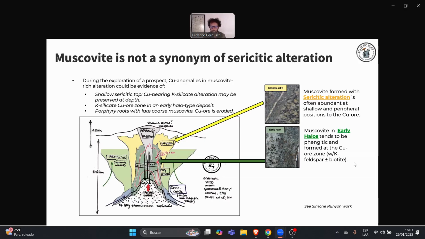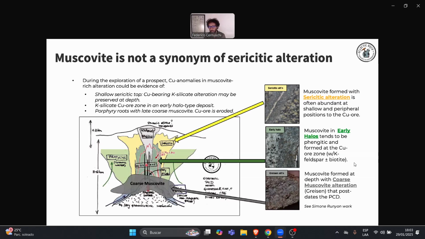This was very early described by Sillitoe in the inside-out porphyry model in the 70s. So there's muscovite in there too, and we also have greisen alteration that not every porphyry has. It postdates the porphyry. It's related to the precursor batholith below, but you could have abundant muscovite even if the porphyry is eroded in the roots.